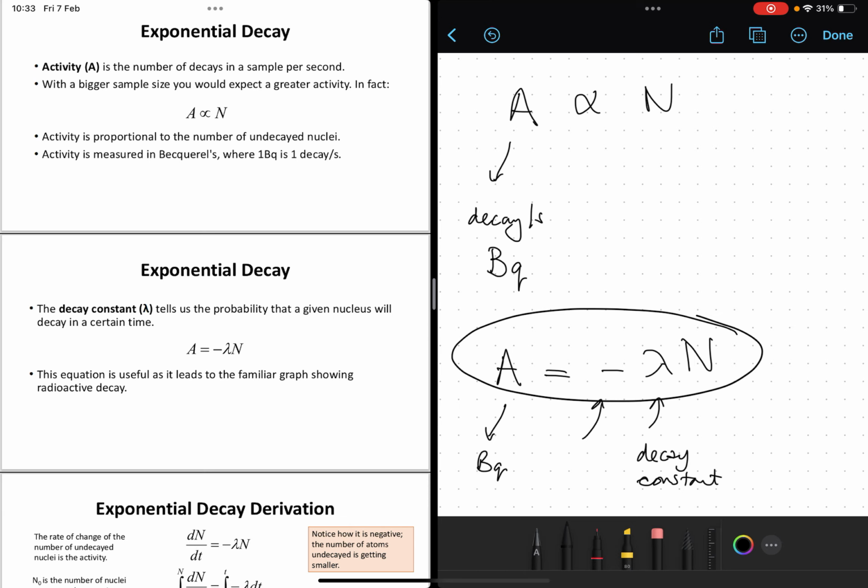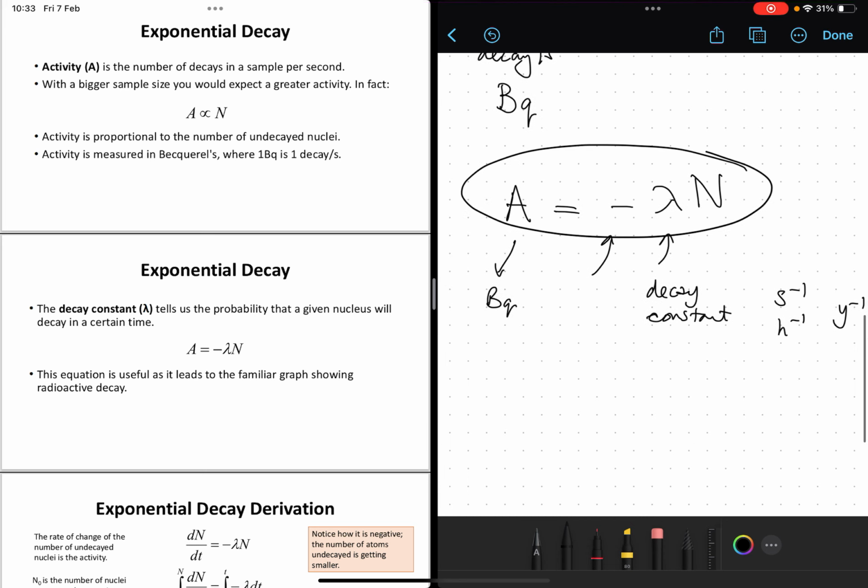In terms of the units for the decay constant, they are time to the minus 1. So it could be seconds to the minus 1, hours to the minus 1, years to the minus 1. It depends on the substance, on the value of lambda, as to which unit you use. And that makes sense because if we rearrange the equation, lambda is minus A over N. So that is just decays per second divided by a number.